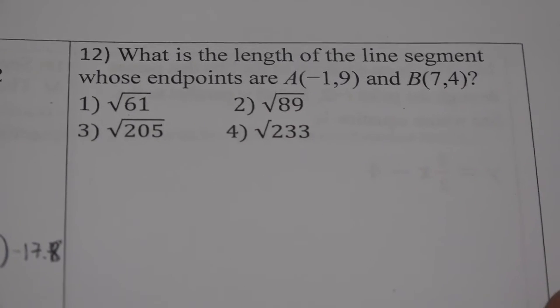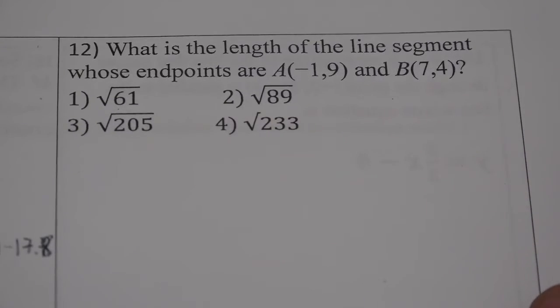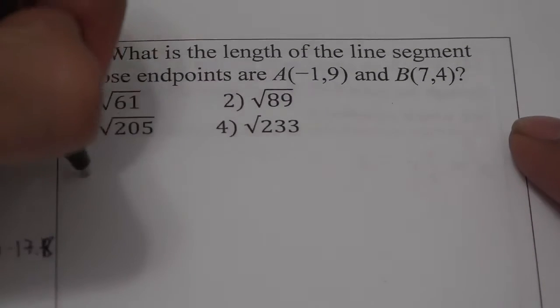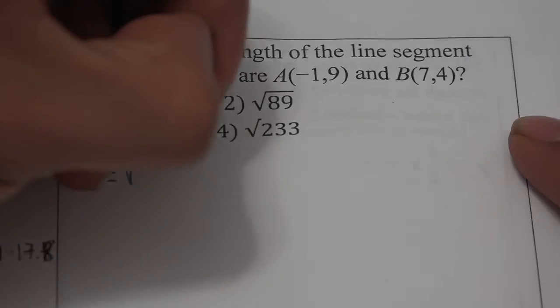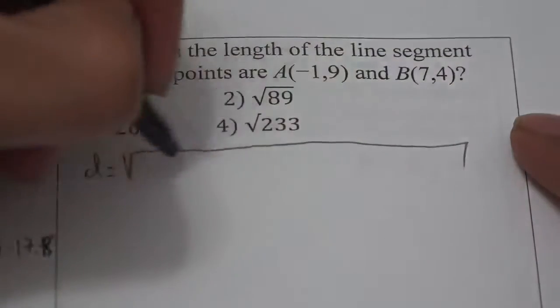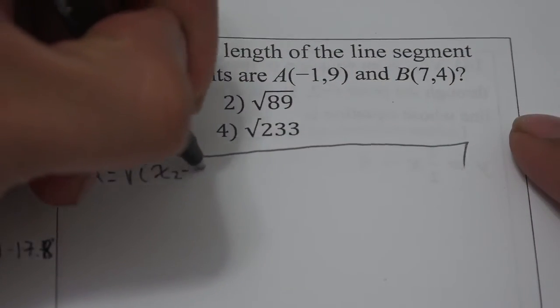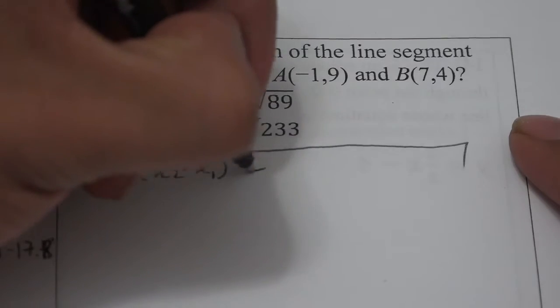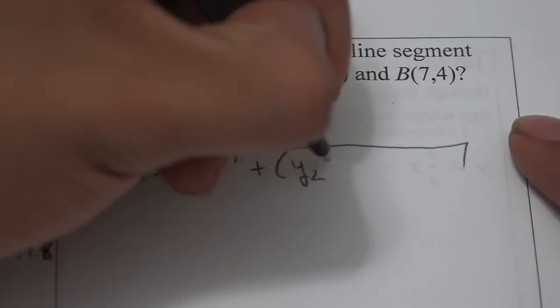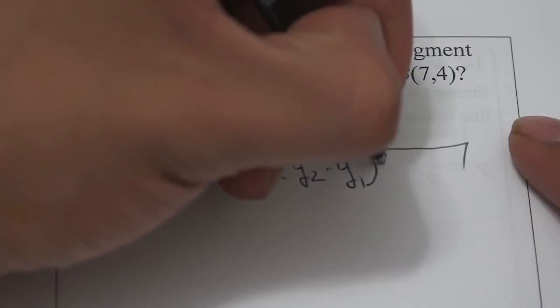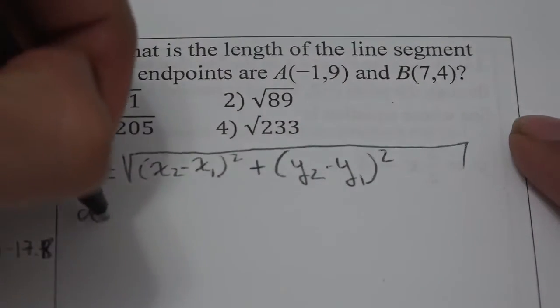What is the length of the line segment that has endpoints? Okay, so I need to use the distance formula. Remember what the distance formula is? You have x2 minus x1 squared plus y2 minus y1 squared. And now we actually replace the values.